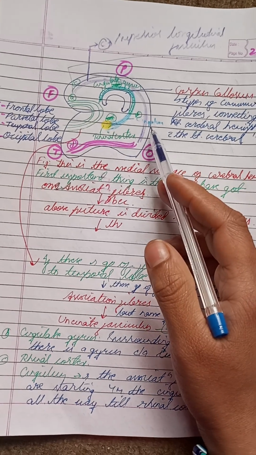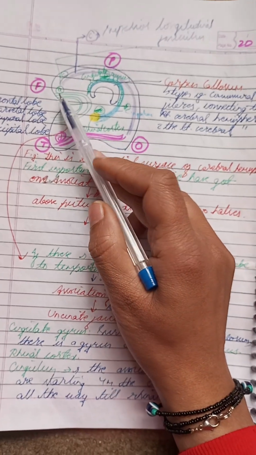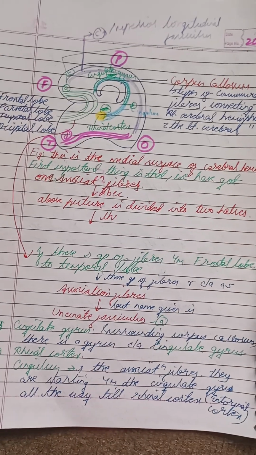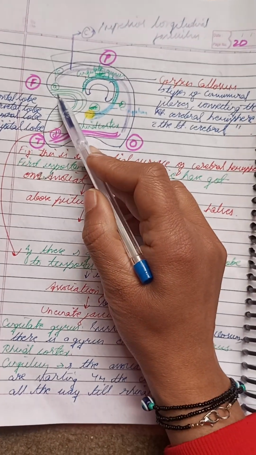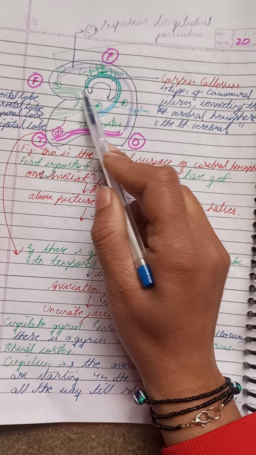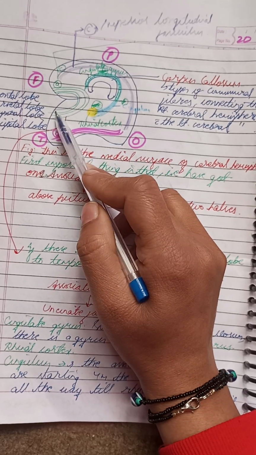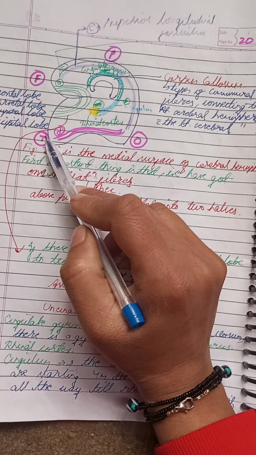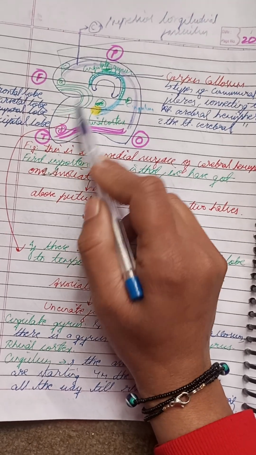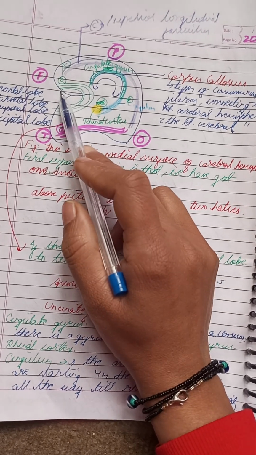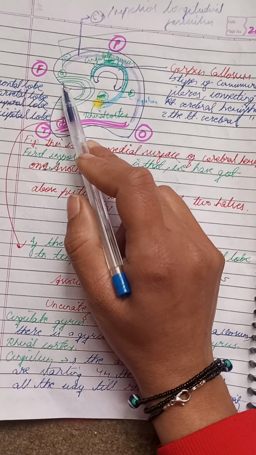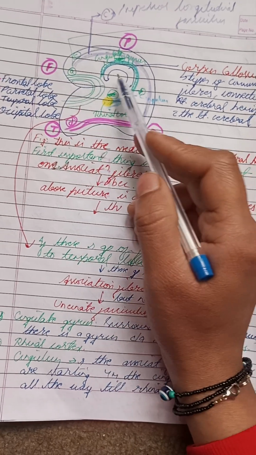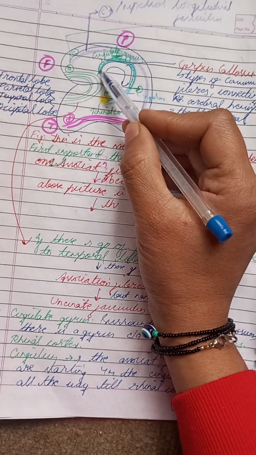If fibers are connecting here from the frontal lobe to the temporal lobe, then we call this the uncinate fasciculus. This is the corpus callosum, and here we see the cingulum.